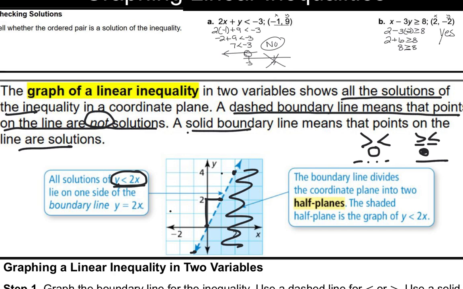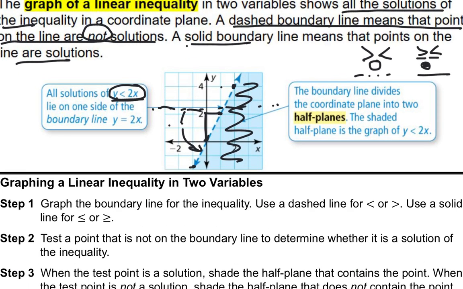Think of it like a spinner: if I straighten it up, it would do like this, but if I bring it back down, it does like this. So it's underneath it, it's less than. And we'll talk about a test point in a minute, okay? But this is just to let you know that everything on that side is a solution.